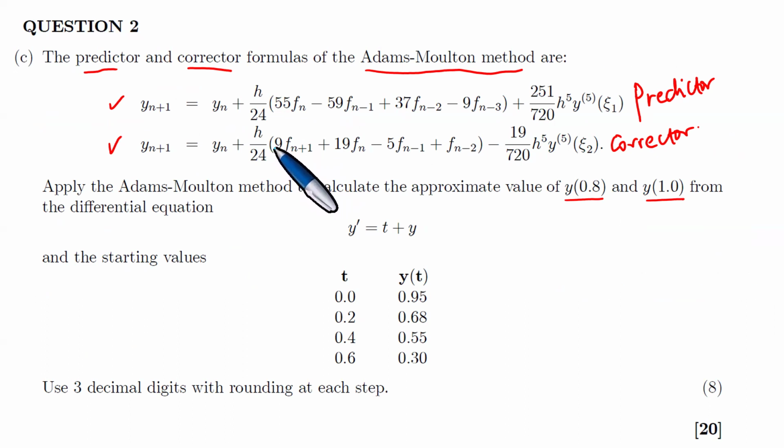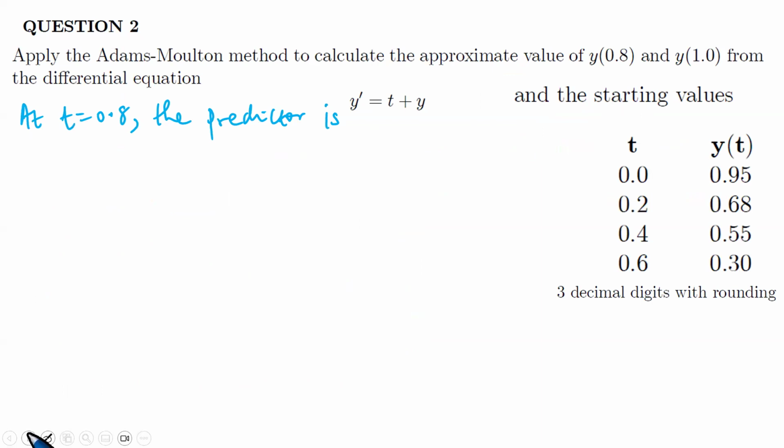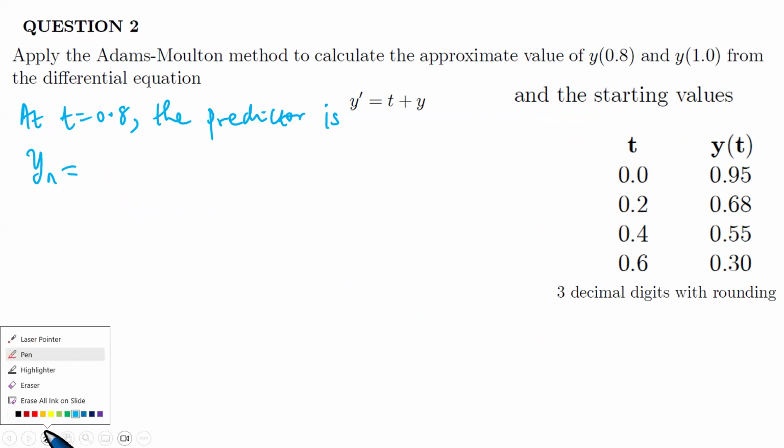Yn plus 1 is Yn plus h out of 24, open bracket, 55 fn minus 59 fn minus 1 plus 37 fn minus 2 minus 9 fn minus 3, close bracket, plus 251 out of 720. So now you have Yn plus 1.